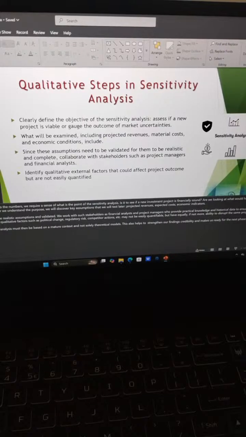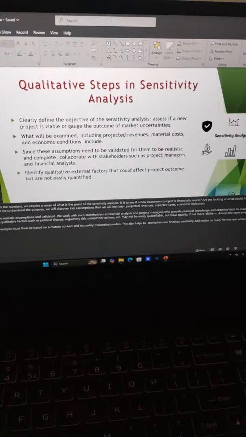Qualitative steps in sensitivity analysis. So, clearly, they define the objective of sensitivity analysis. They assess if a new project is viable or gauge the outcome of market uncertainties.